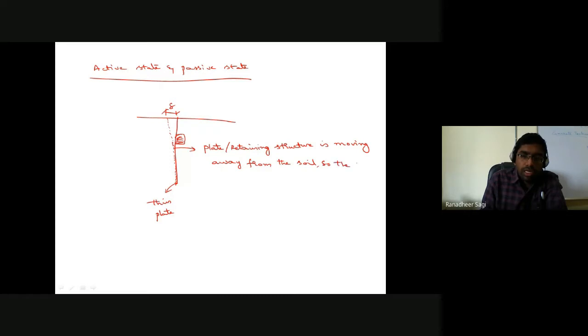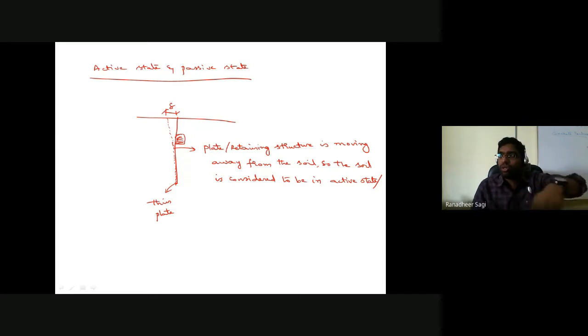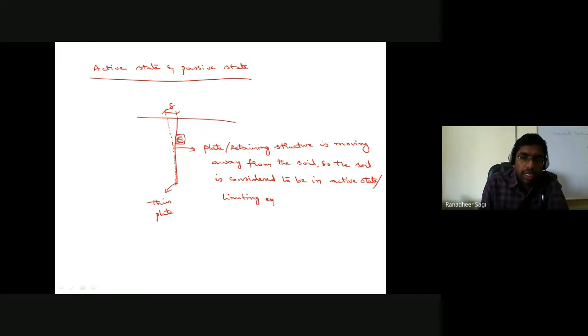So the soil is considered to be in active state, or otherwise just about the verge of failure of that soil mass, which we consider to be the limiting equilibrium state. Limiting equilibrium active state, just before the verge of failure in the soil mass.